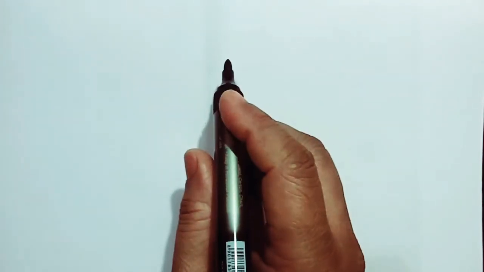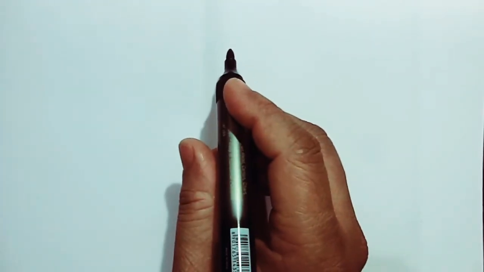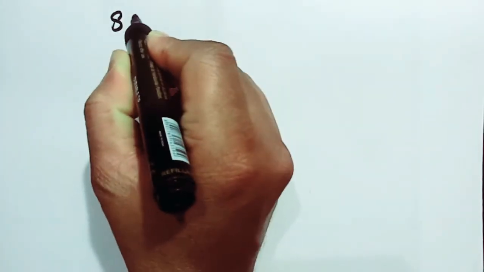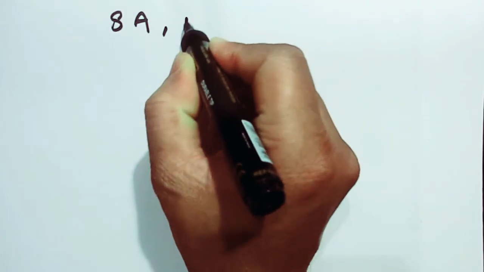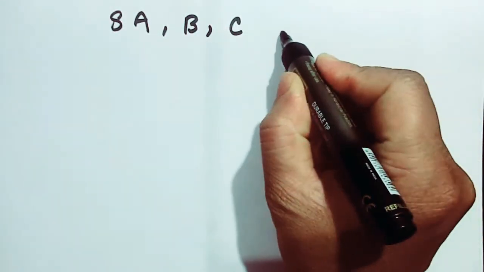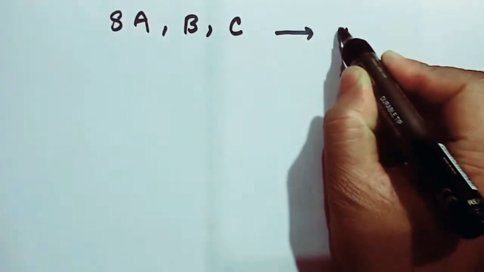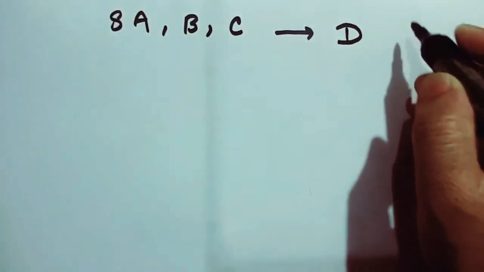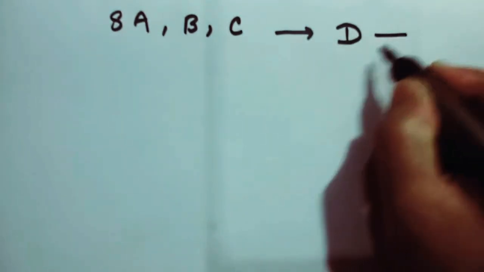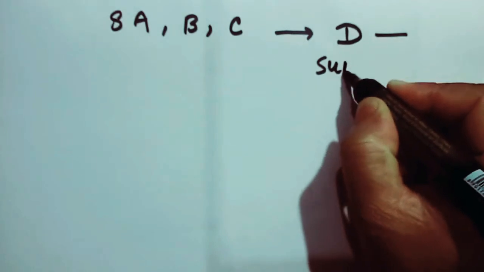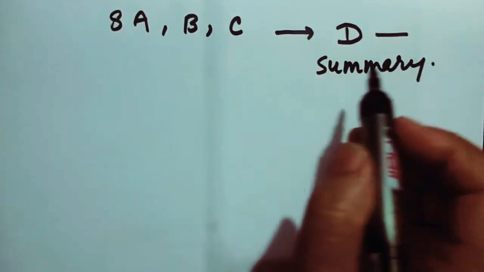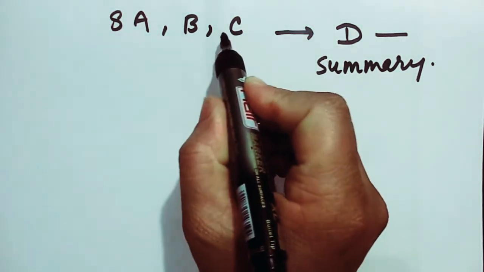In percentage chapter 8 we had three important sections, which were 8a, b, c, and what about d? Section D has been included so that it summarizes, it is a summary of exercise 8a, b and c.